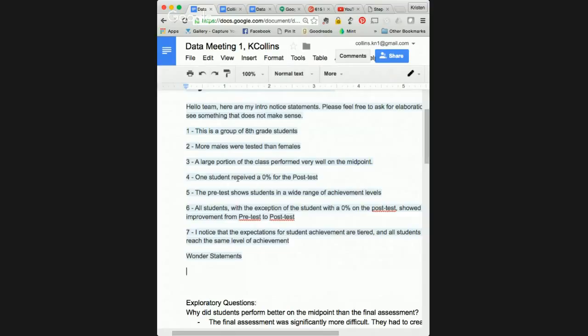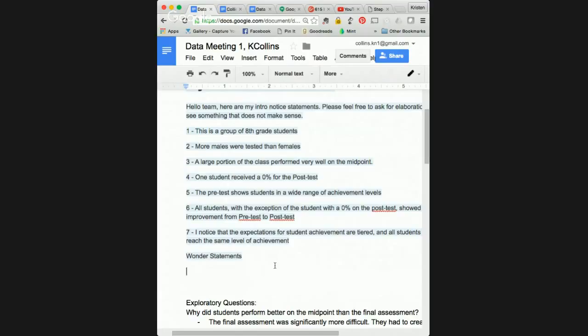The pre-test shows that students came in at varying ability levels from 19% all the way up to 100%. All students, with the exception of the student with the 0 on the post-test, showed improvement from pre-test to post-test. I just didn't necessarily see the increase that I wanted to see.